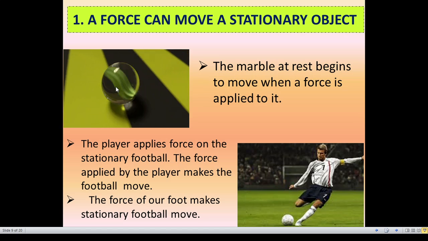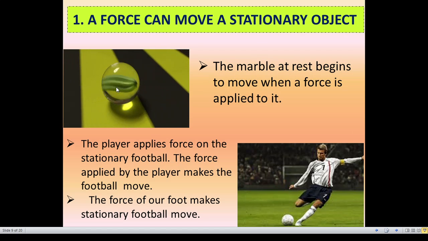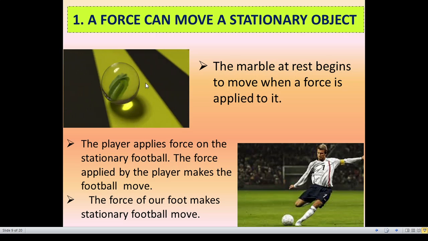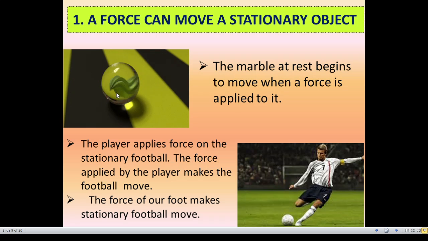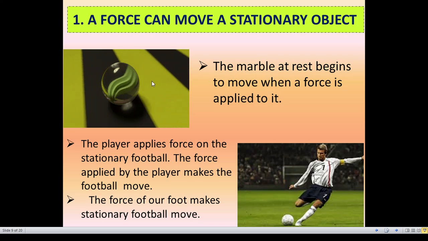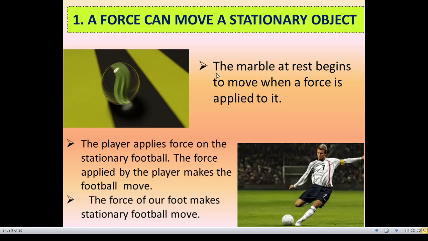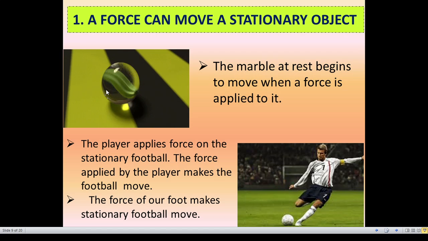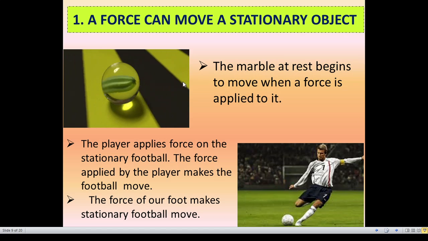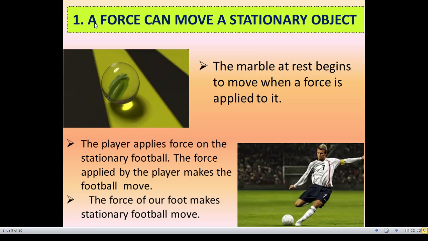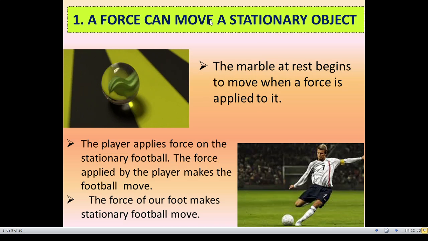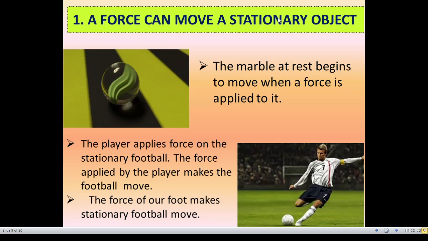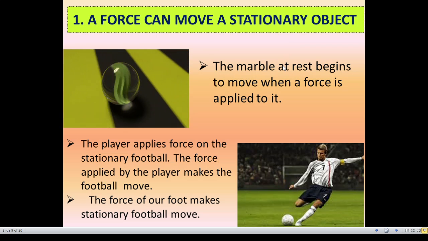As a result, the marble will roll down on the table. So here the object is the marble and you are applying the force on it. As a result, the object is set into motion. So a force can make an object move in a particular direction.